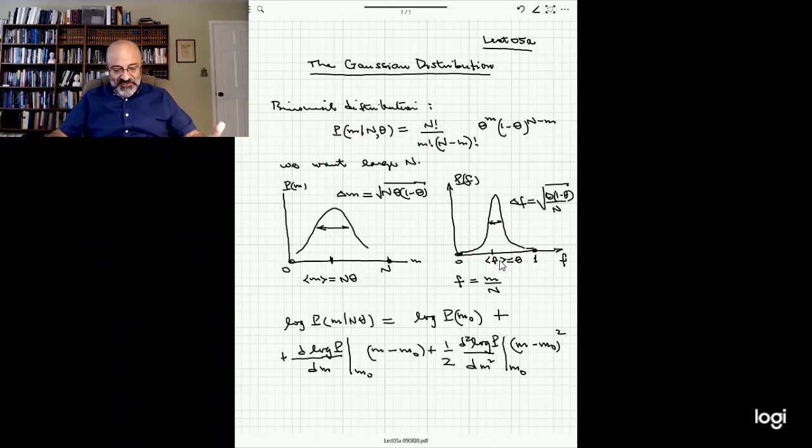Well, our first trick is to recognize that when we have numbers that are so incredibly huge, because after all we're taking n to infinity, a difference of m to m plus 1 is a very, very small relative difference. And so we can consider m to be a continuous variable.